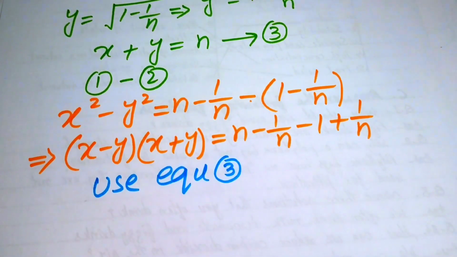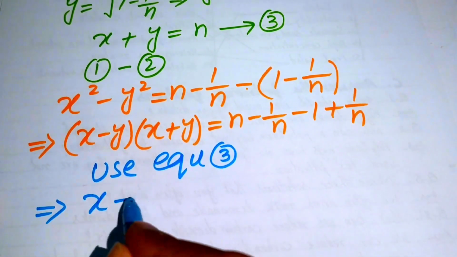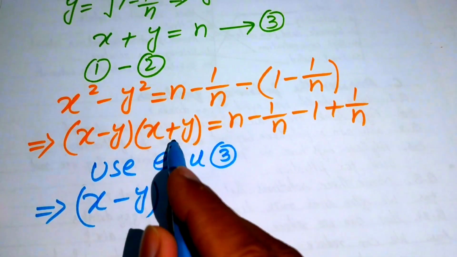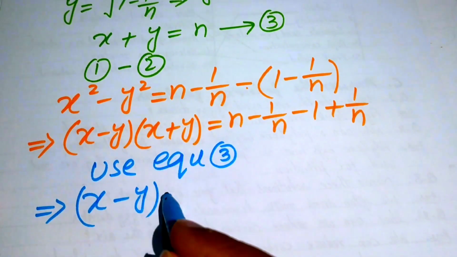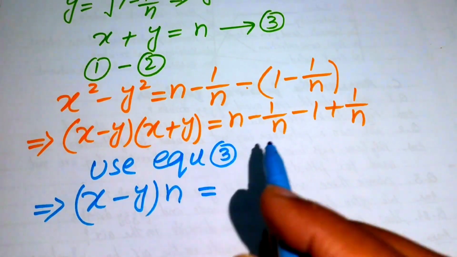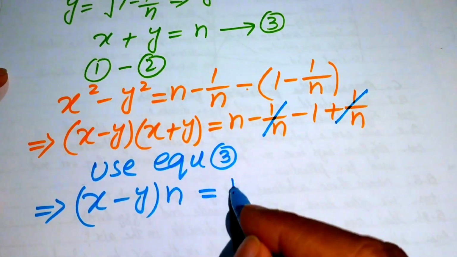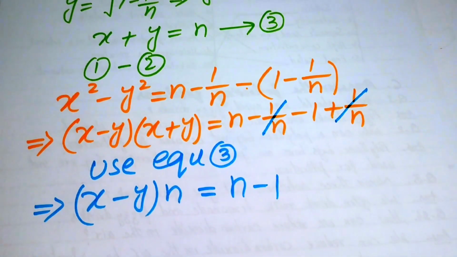So when we use equation number 3 here, this expression becomes x minus y times, and we put the value of x plus y, which is n, and this whole equals, with the negative and positive terms cancelled, n minus 1.